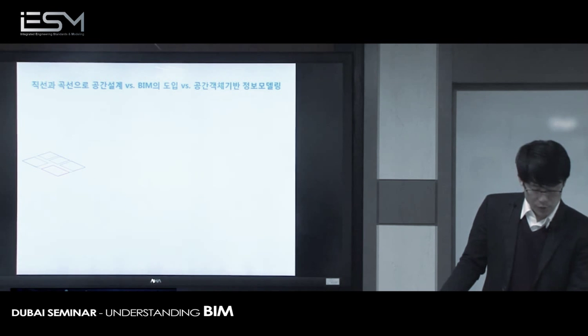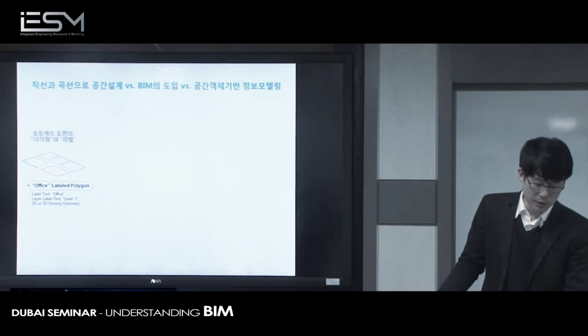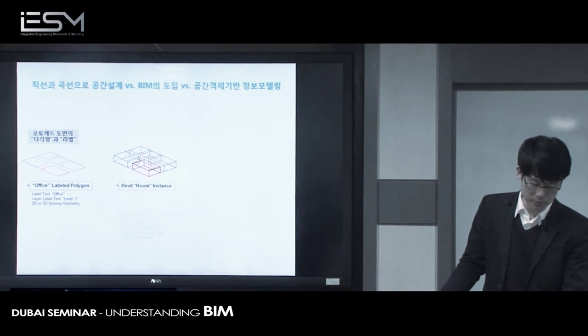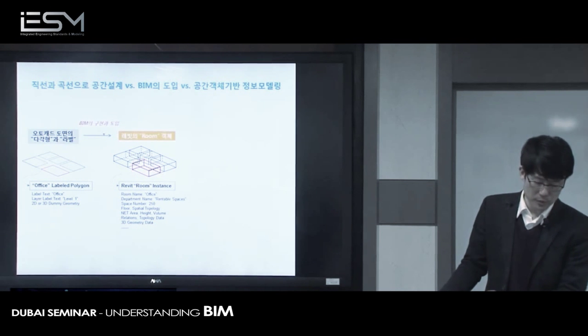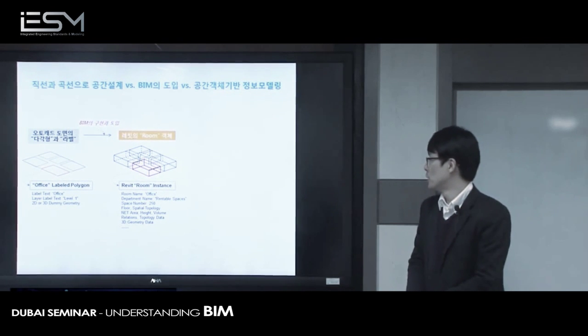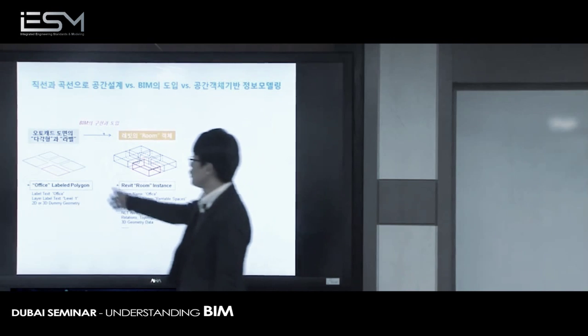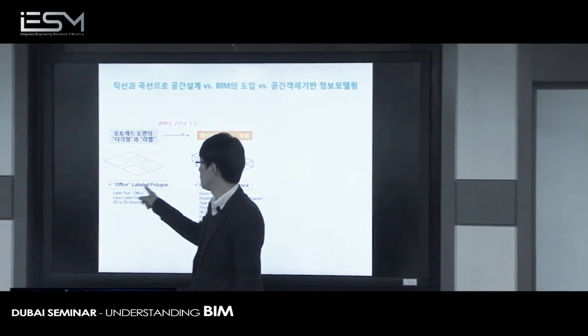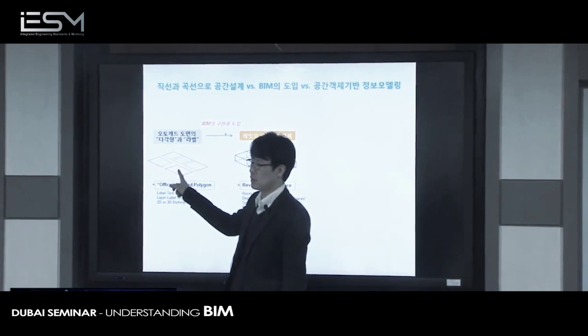So let me quickly show you some differences between a geometric AutoCAD file and a BIM model. Conventionally, we draw something like this floor plan in 2D geometry, and we label it office.